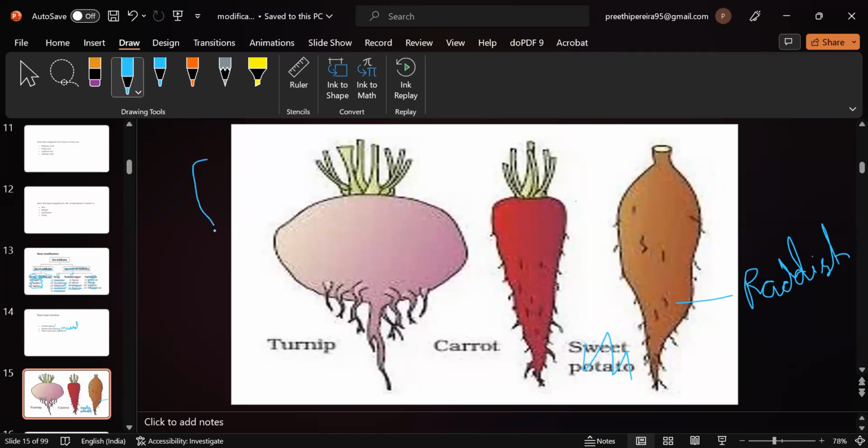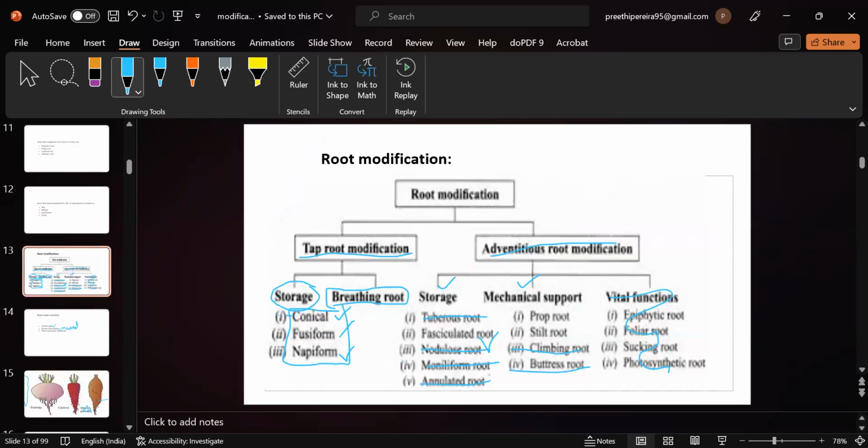Ma'am, so for conical, it is carrot. So you can write down over here, conical के पास में write down carrot. Fusiform example is radish. You just write down the radish. No need of drawing. Okay, they only ask for the example.